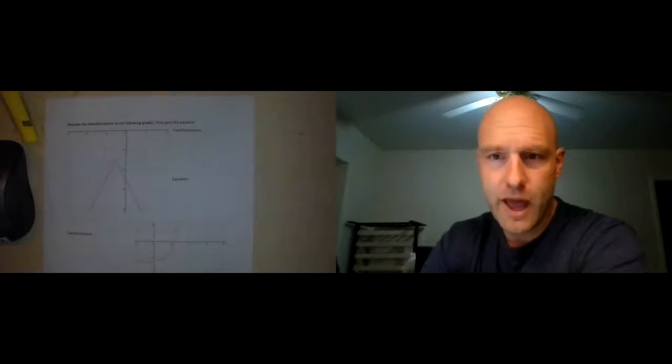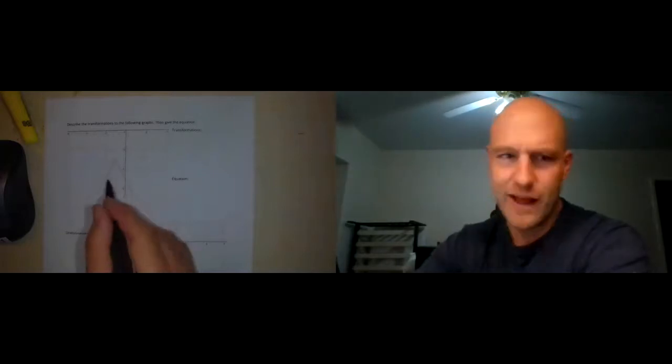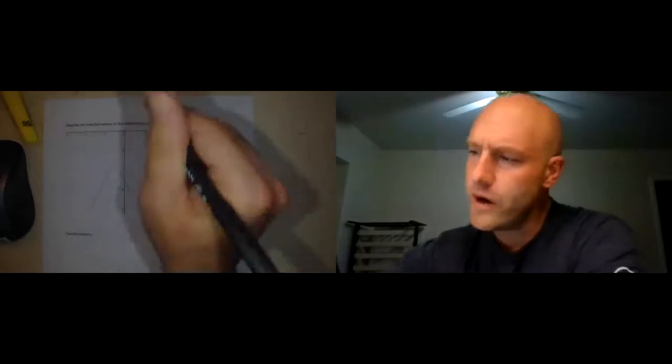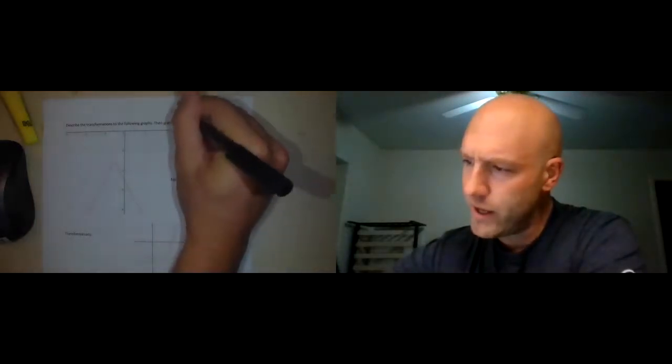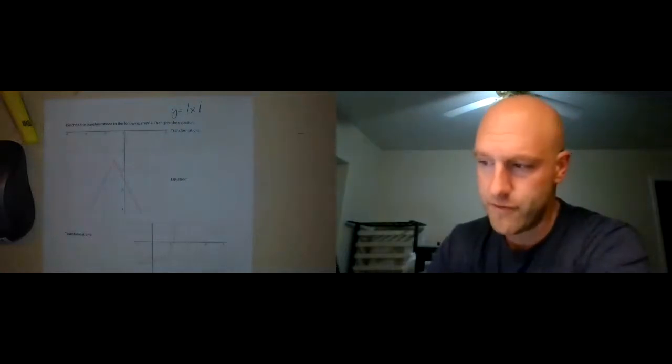Lastly, I thought we'd go through some of this stuff in reverse. I thought we would look at a graph and figure out what transformations occurred to make that graph. Looking at this, we get that V. The only place we got a V was when we had y equals absolute value of x. That was one of our parent functions. Y equals absolute value of x had a vertex at (0, 0).